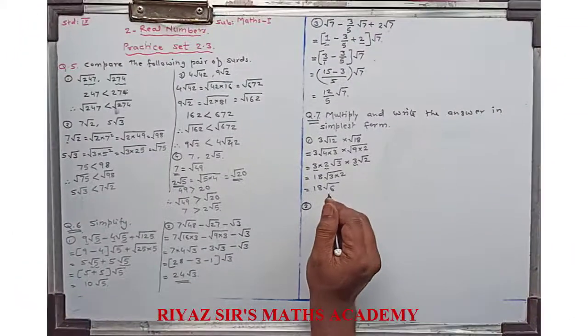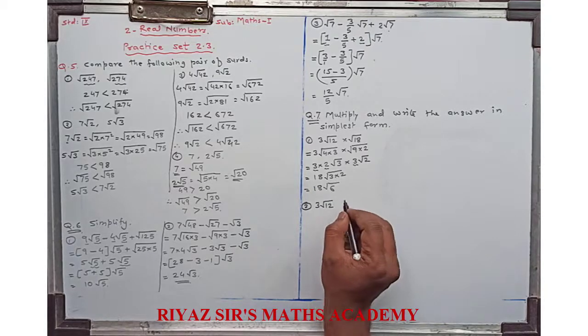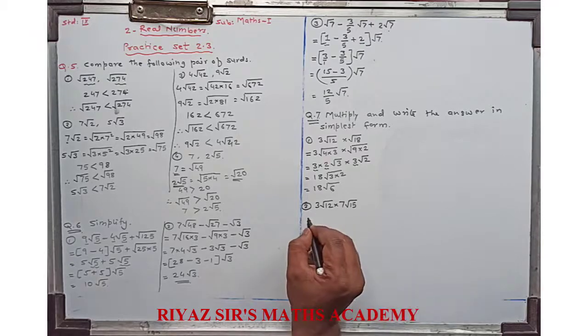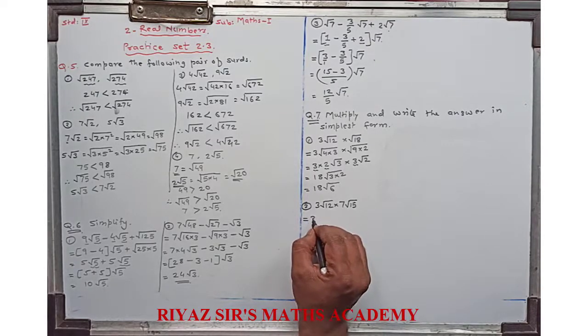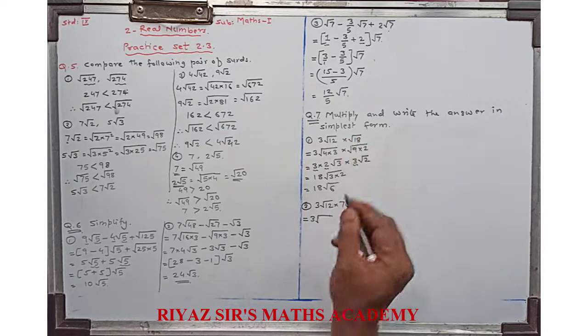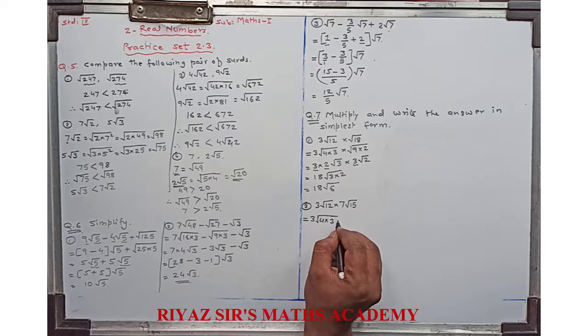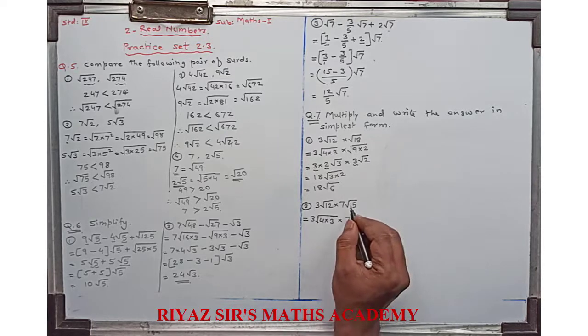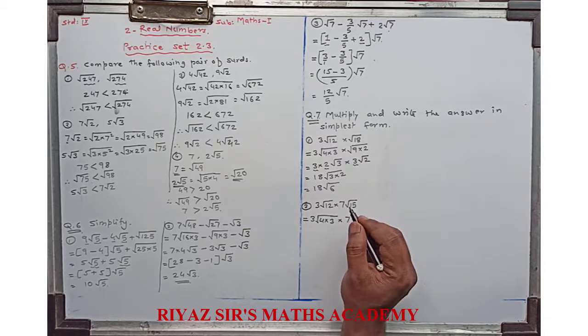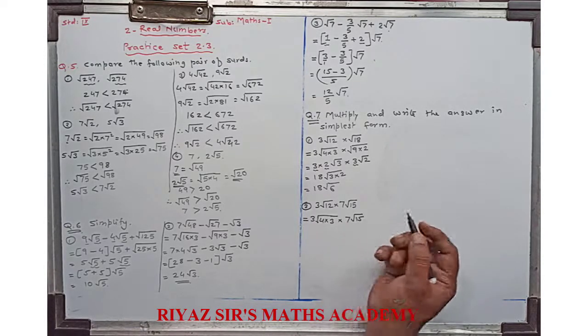Now 3 root 12 into 7 root 15. That is equal to 3 as it is into square root of 12 first term, as we solved here, 4 3s are 12 will come here, into 7. Now root 15, is it possible to find the factors for 15 so that one factor is a perfect square? There are no such factors, so we keep root 15 as it is.